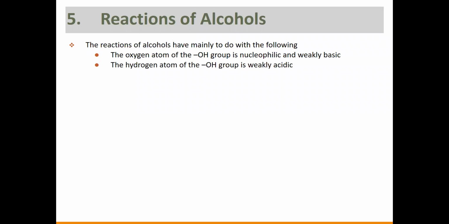Okay. And the hydrogen atom of the OH is weakly acidic. What do you mean by weakly acidic? Between oxygen and hydrogen, oxygen would bear the partial negative charge, being an electronegative atom. So we put a partial negative charge on oxygen, and hydrogen will bear a partial positive charge.